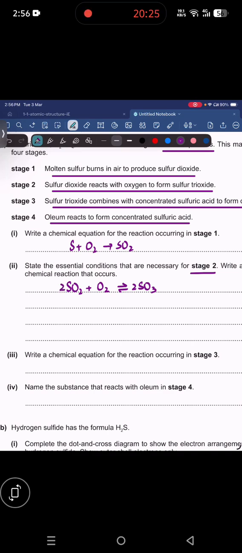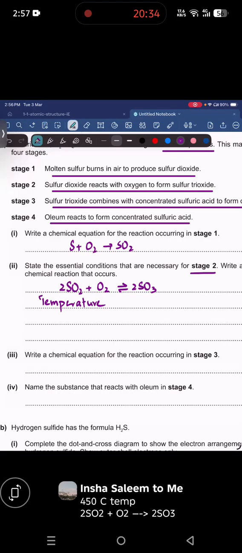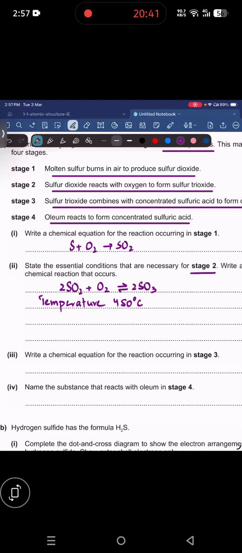The conditions are temperature. The first one is the temperature here. Temperature is 450 degrees C. Thank you, beta Insha. Pressure.